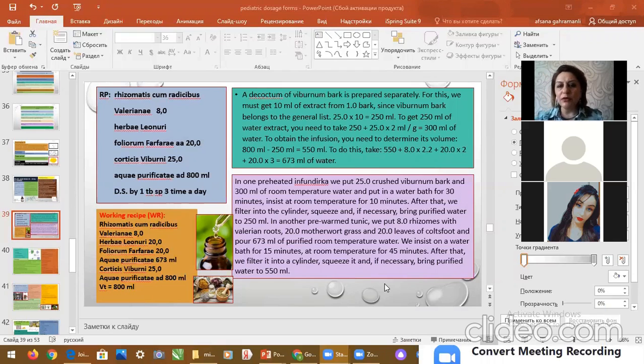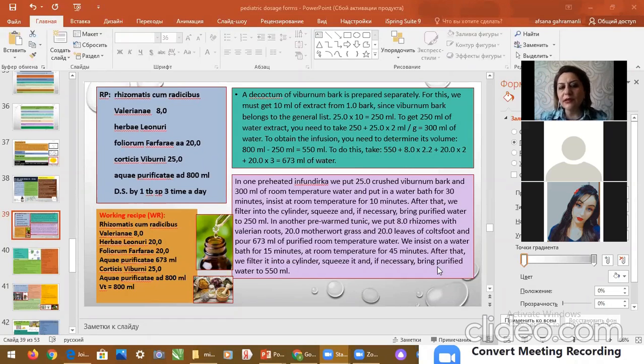We insist in a water bath for 15 minutes, then at room temperature for 45 minutes. After that, we filter it into a cylinder, squeeze it, and if necessary, bring purified water to 550 ml. And how do we write the working recipe or passport for this prescription?